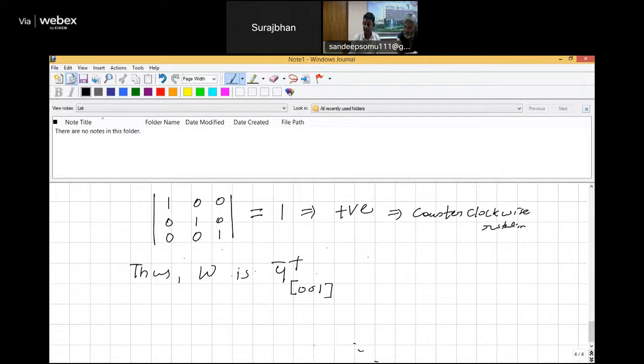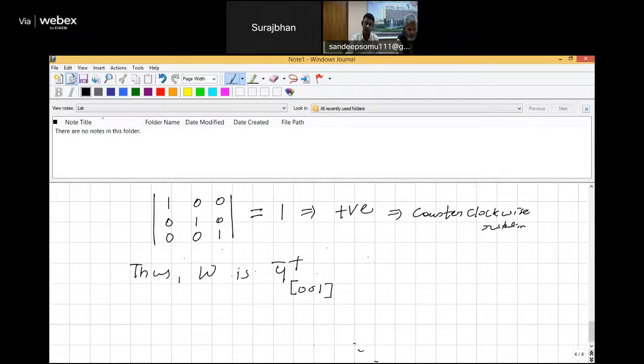So this is the complete analysis of a symmetry matrix. First, we determine the determinant, through which we say whether it is a type 1 or type 2 operation, and then we do trace analysis to evaluate the fold of the symmetry operation, and by taking the invariant points we find out the axis of the symmetry operation.